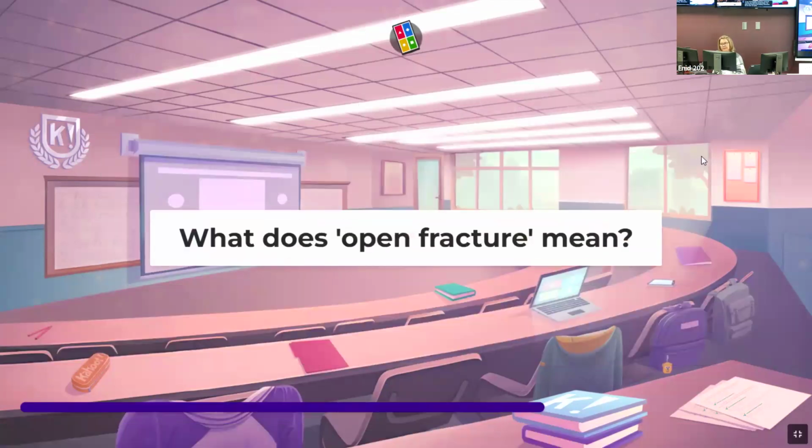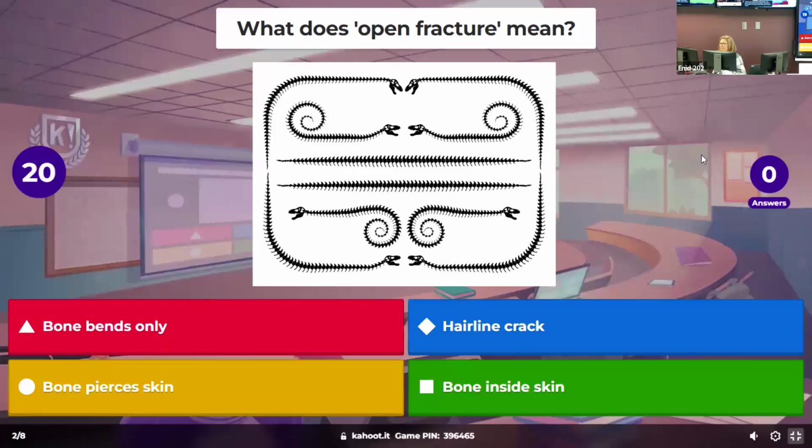What does open fracture mean? I'm not really sure where this picture came from. I guess I could turn the closed captioning off. The green is the bone inside the skin.